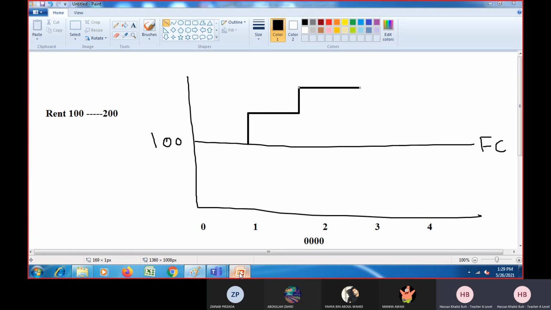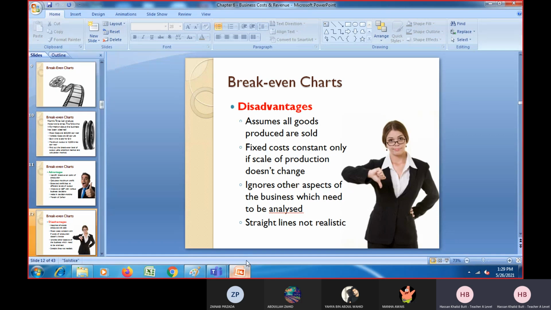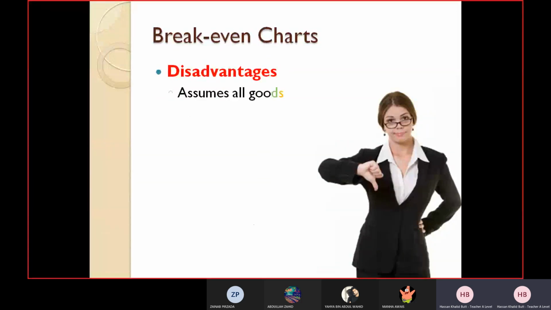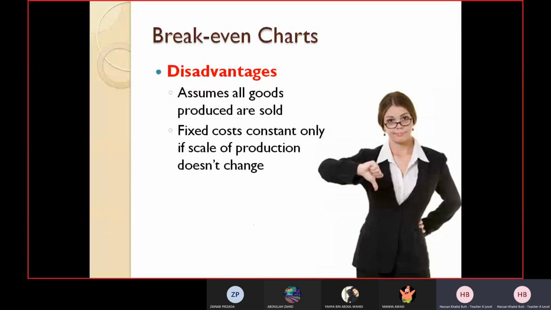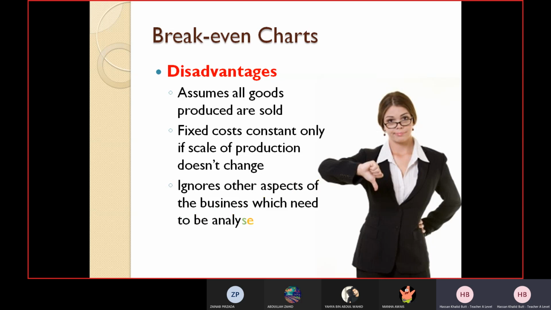So they assume that fixed cost is actually a straight line, constant only if scale of production does not change. But scale of production can change, no? A business can plan any time to expand, so they can hire more factors of production. So that is another disadvantage. Then, it ignores other aspects of the business which need to be analyzed. What are those other aspects?